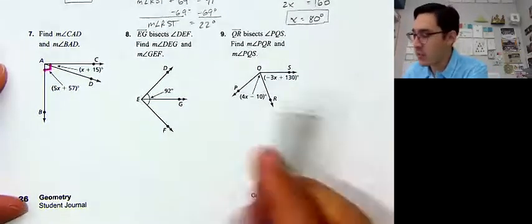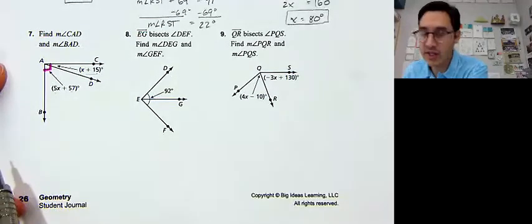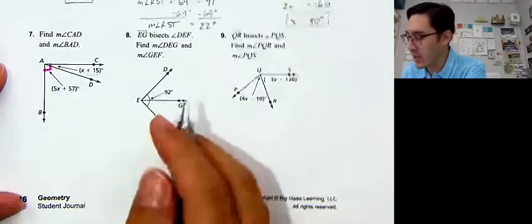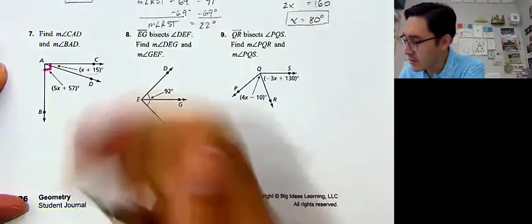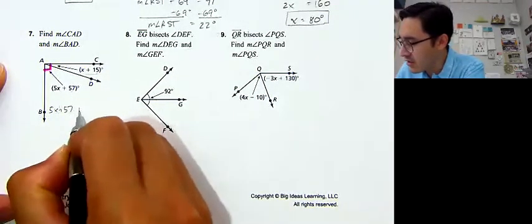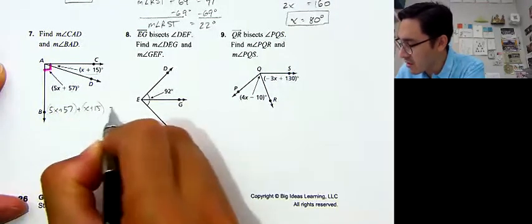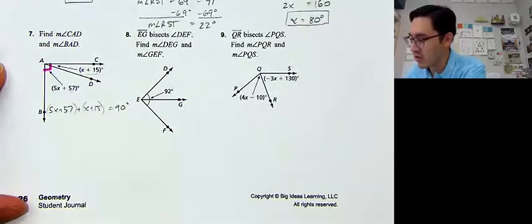All right, so we're going to write an expression where we sum these two angles, and we'll just use the algebraic representations and set the sum equal to 90. So let's do 5x plus 57 plus x plus 15 equals 90 degrees.